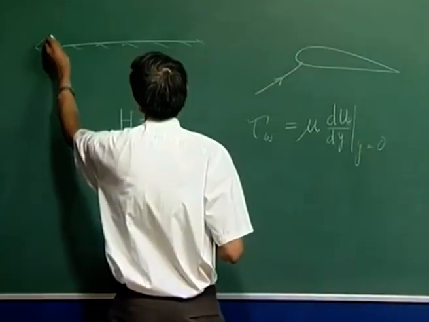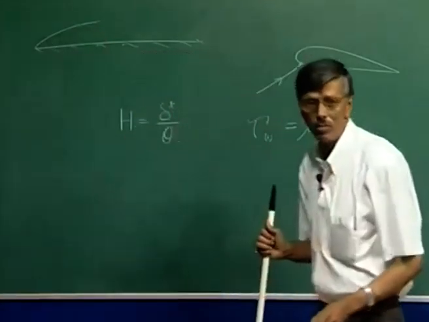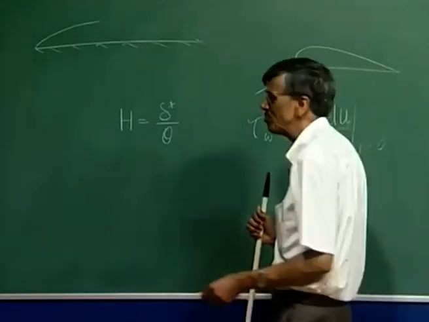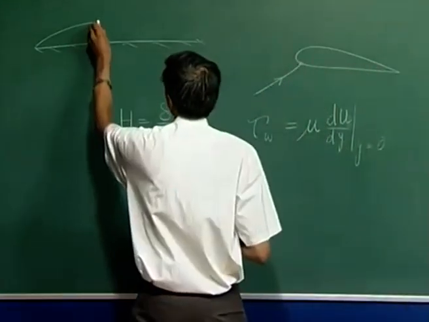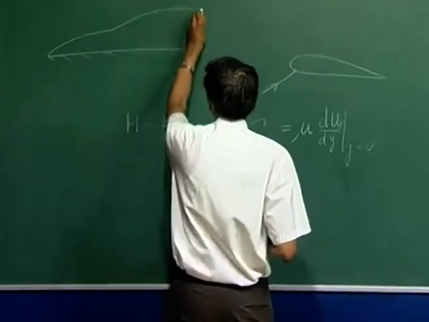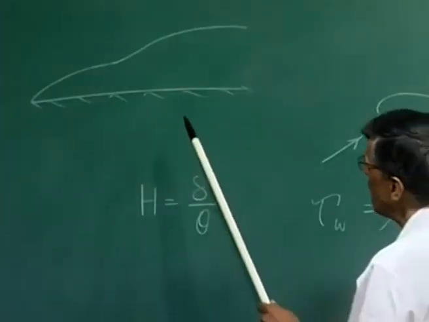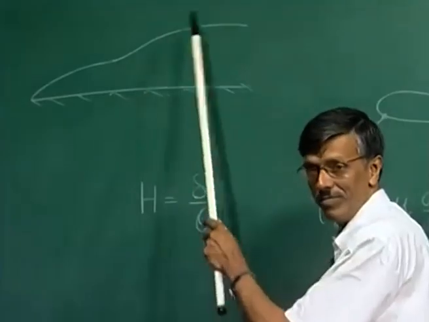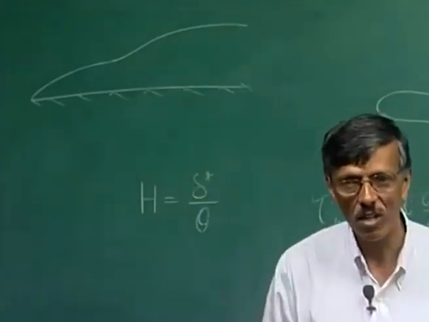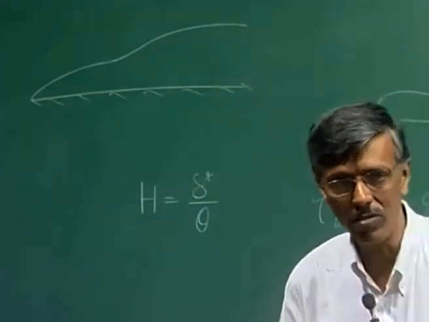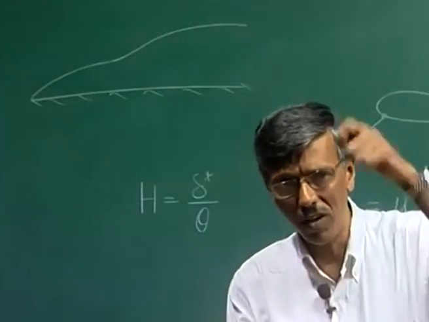I have a laminar flow profile, then flow becomes turbulent and then goes like this. So, what you are noticing is that delta star increases also for the turbulent flow, because you are giving now a v velocity fluctuation.